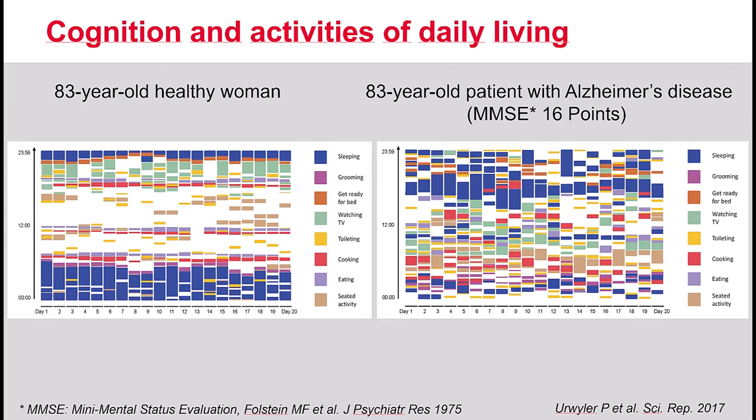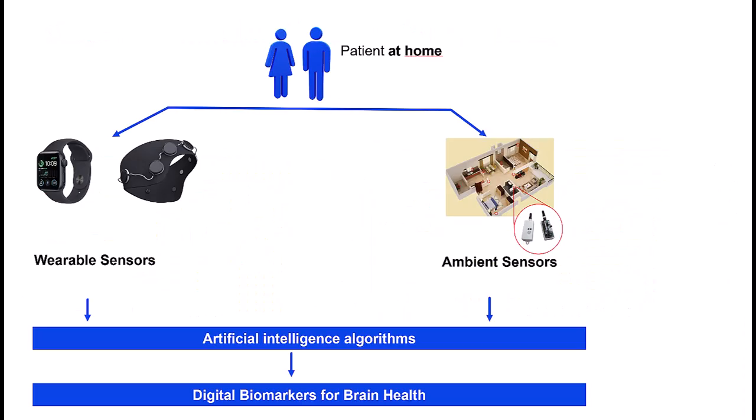And we expected, of course, to see these regularities dissolving to a certain point, but we were surprised in this study by the magnitude of how strongly this has changed. So what I would like you to take from that is that with ambient sensors, we can recognize activities of patients at home without needing to connect any sensors to the patient itself.